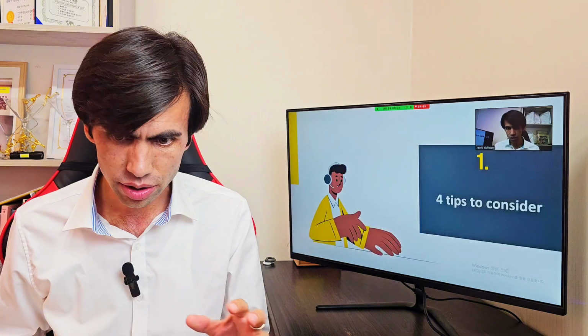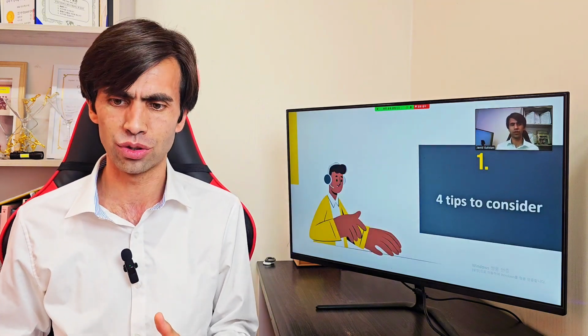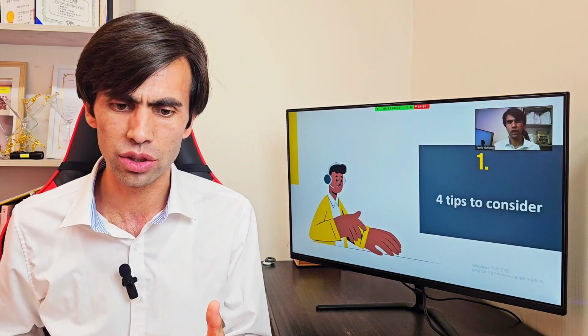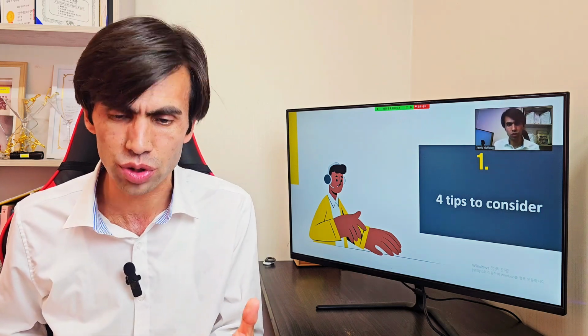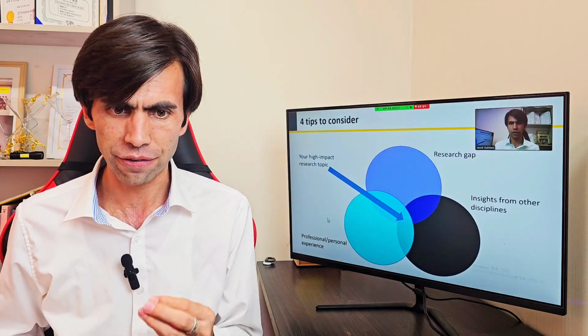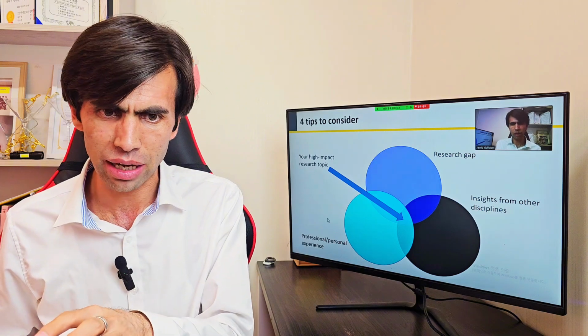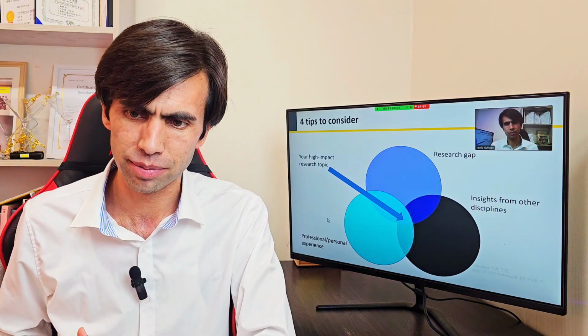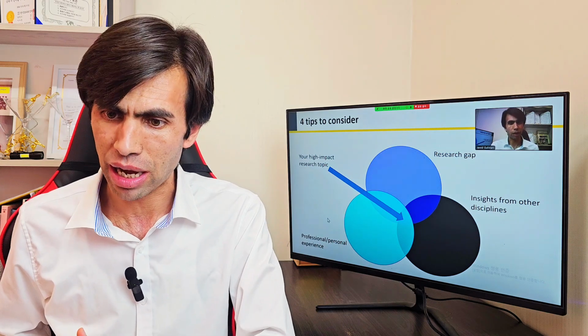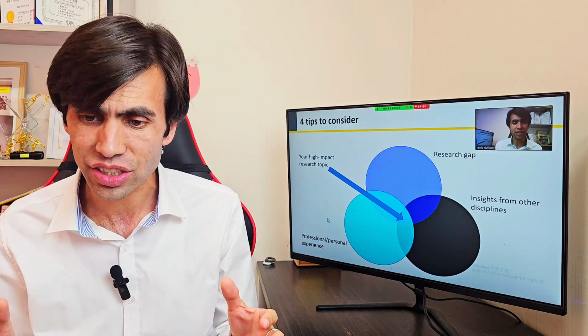So now let's start with the 4 tips to consider when we are thinking about choosing a research topic. The 4 tips are based on this roadmap. We are going to talk about the research gap and how to find a research gap.